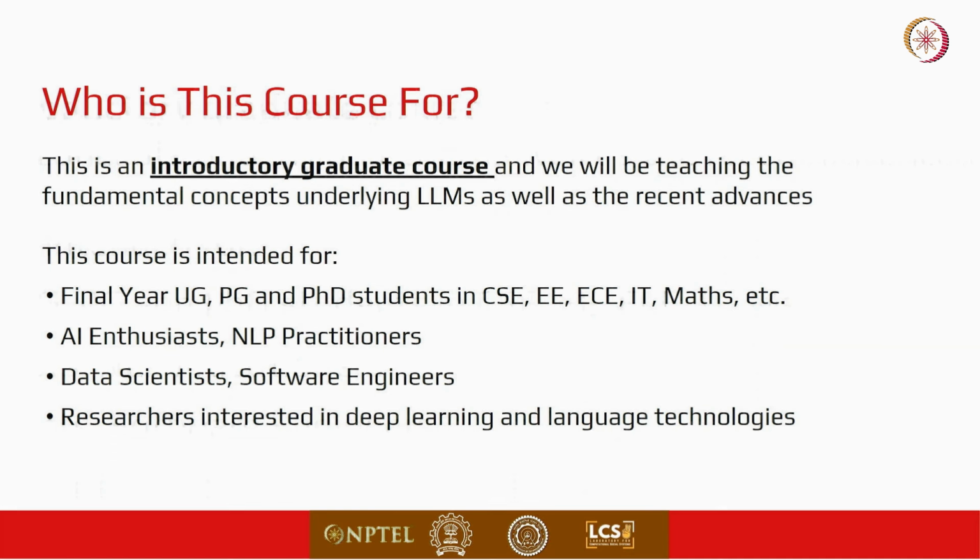This is a graduate level course, mostly for final year undergraduate, postgraduate and PhD students in CSE, electrical, ECE, IT, math, and of course students from other branches who are interested in AI, multimodality and NLP in general. Researchers who have a general interest in deep learning and machine learning should also consider this course.